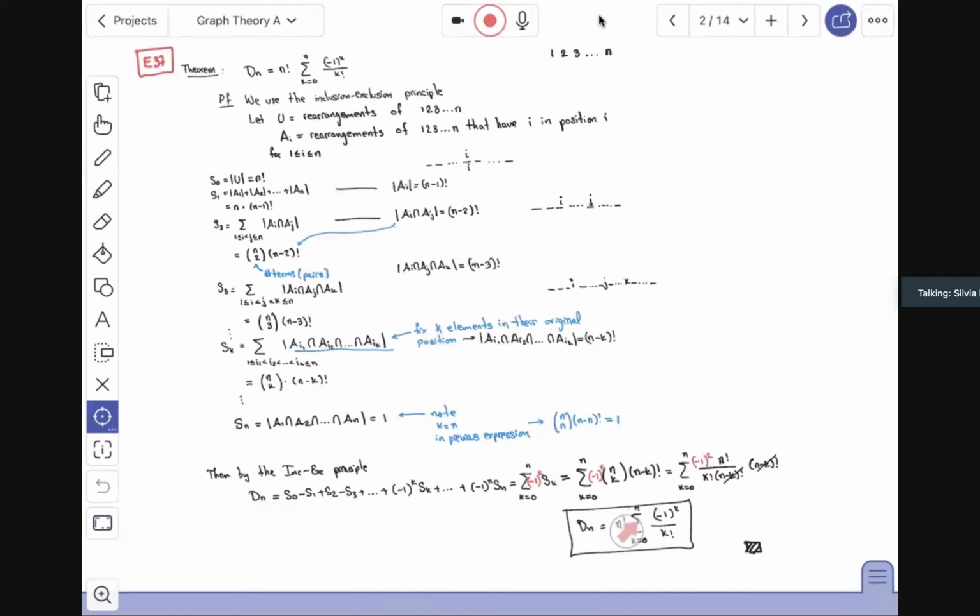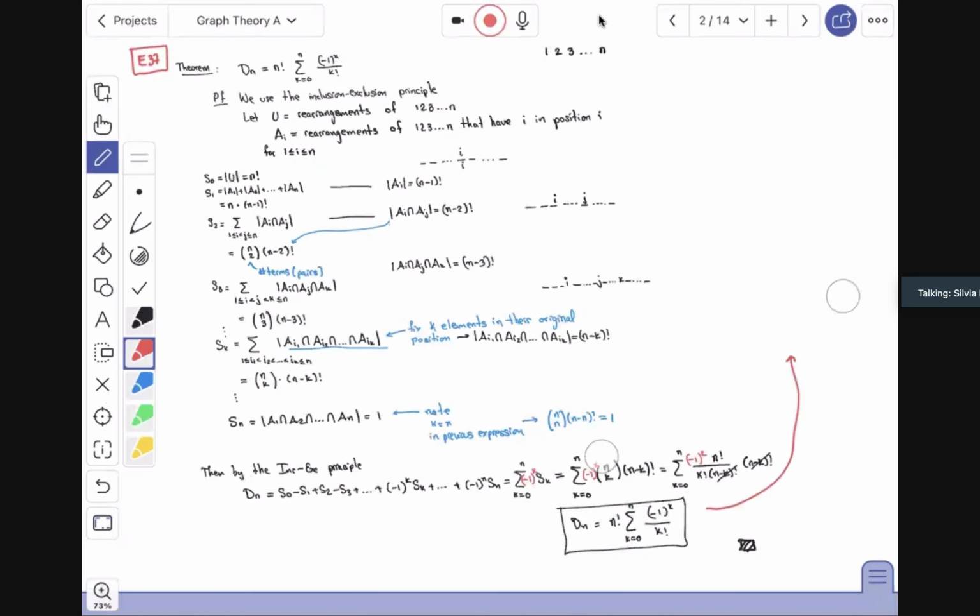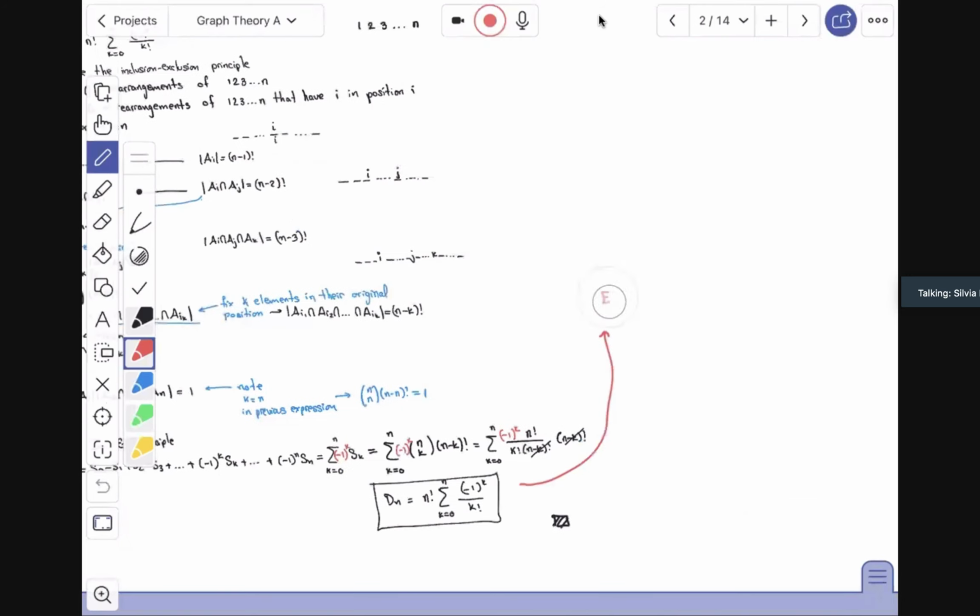If you make it all the way to infinity, this is e. So I'll add it right here. E38 is asking you to find the limit.